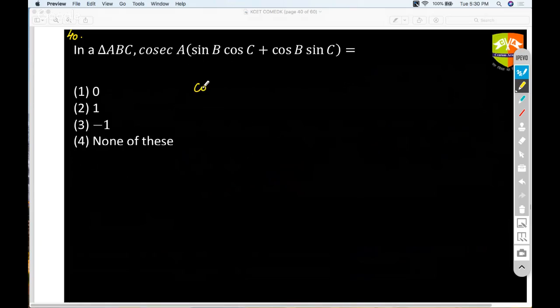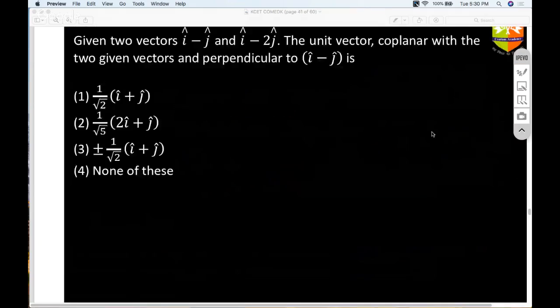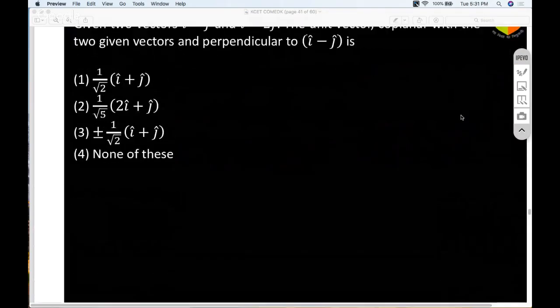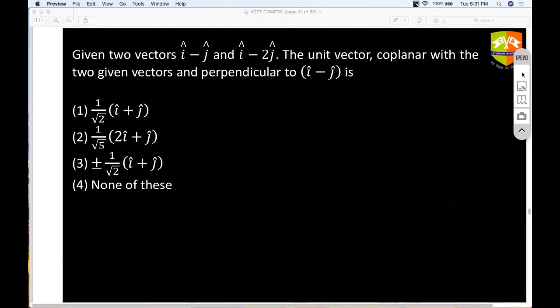Absolutely. So this is going to be cosec A times sine of B plus C. And we know in a triangle sine of B plus C is going to be sine A itself, and you get the answer as 1. Again, these are just 5-second questions, not more than that. So let's move on to the next one. That's question number 41.